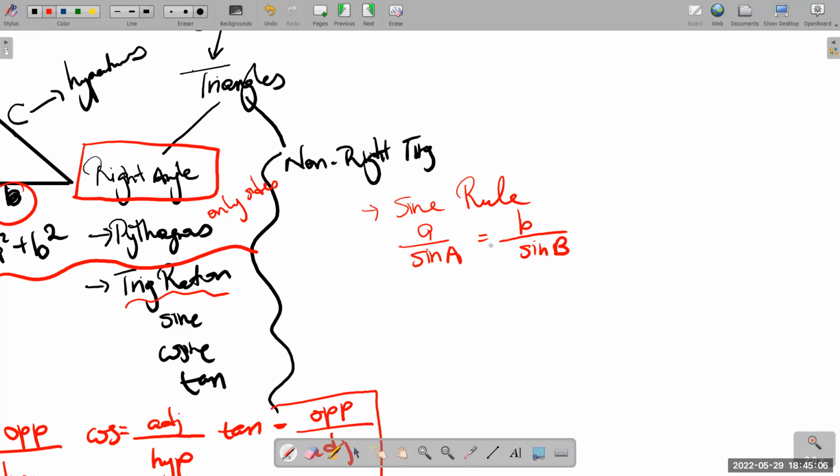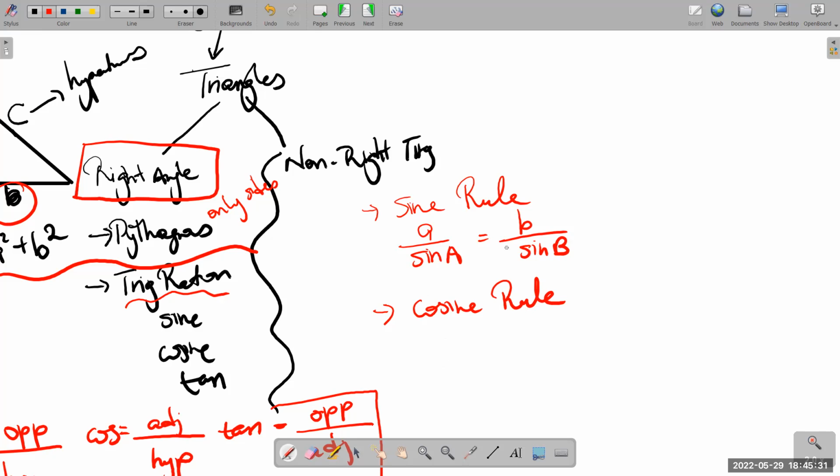Anybody remember the difference between the cosine rule and the sine rule? One of them, the cosine rule, is very long. I personally don't even completely remember all of it because I'm so tired.